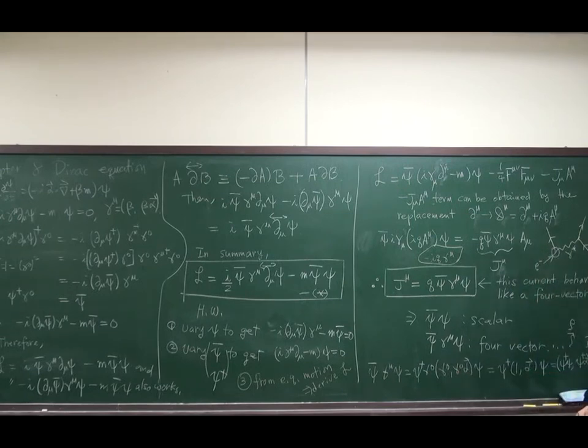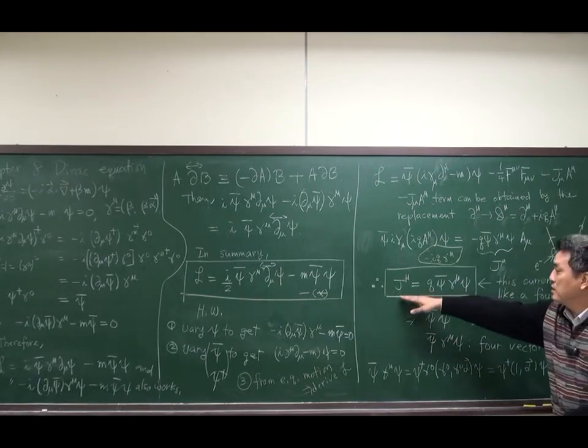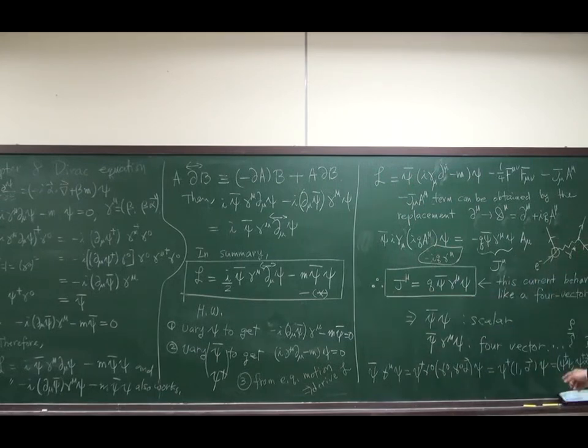Because we know that the zeroth component of the current must be the probability density. Psi bar γ^0 psi, which is psi dagger psi, is the probability density of the wave function. That is the correct interpretation. And I don't know yet, but the spatial component must be the velocity of the particle times the probability density. That is my guess, and you will find that it is true.